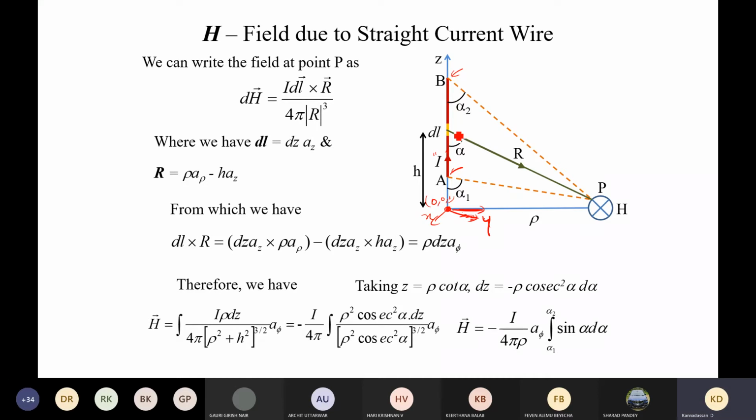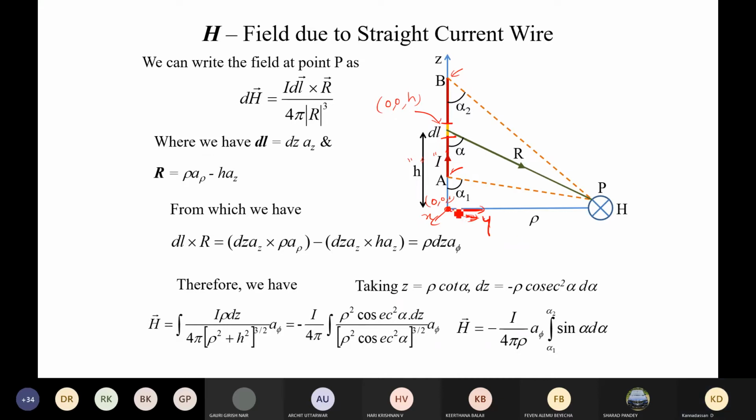On it we are going to take a small length dl, located at a height h from the origin point. This particular point we can call 0, 0, h.